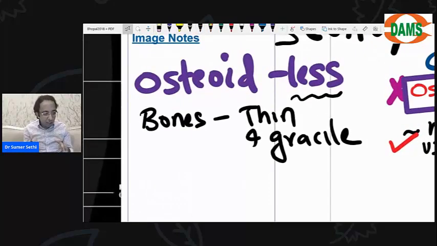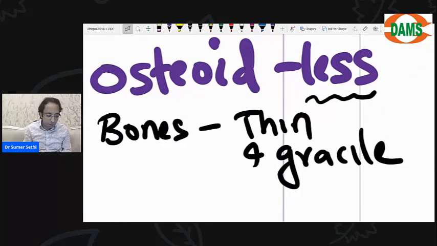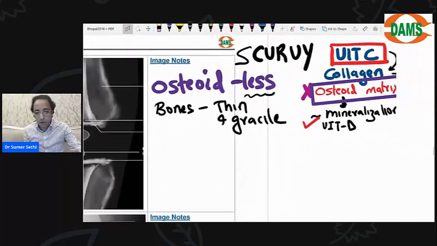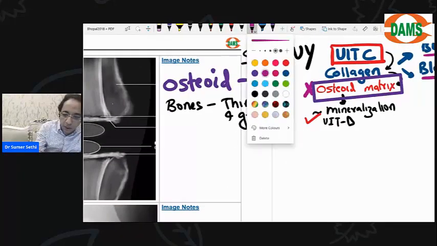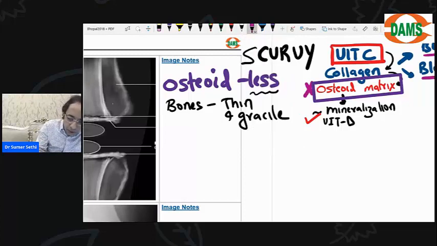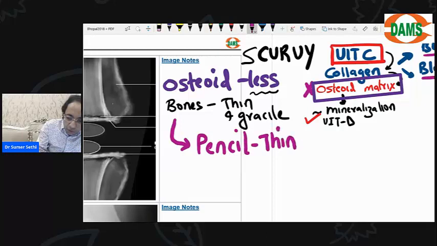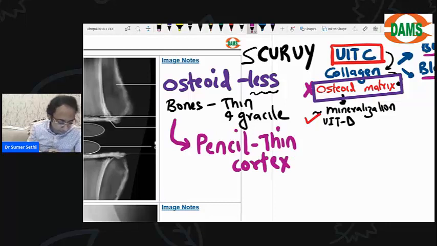When you don't have the ground substance to form the bones, the bones which will be formed will be thin and gracile. Now understand with me. If bones are thin, when you see them on the X-ray, only the cortex will be visible because it is very thin. So we will use a term pencil thin cortex.